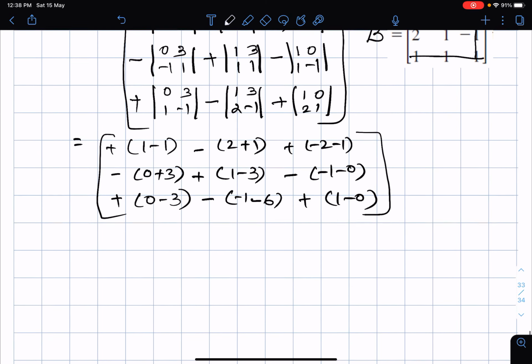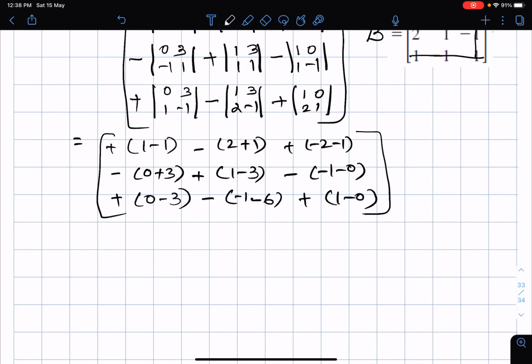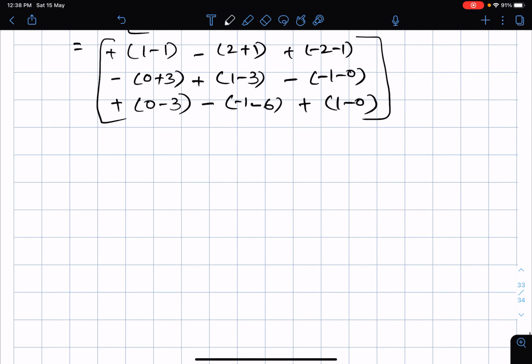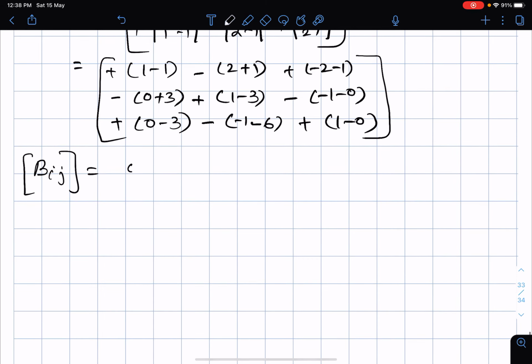Now simplifying this, what is this? This is our Bij, isn't it? So what will you get after simplifying here? The first row is 0, minus 3, minus 3, then minus 3, minus 2, 1, then minus 3, 7 and 1.